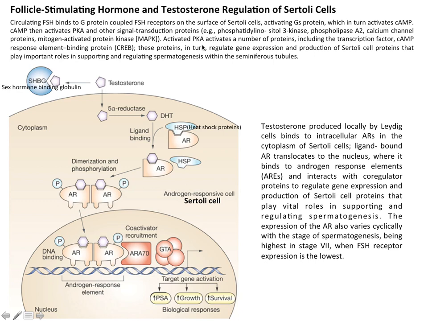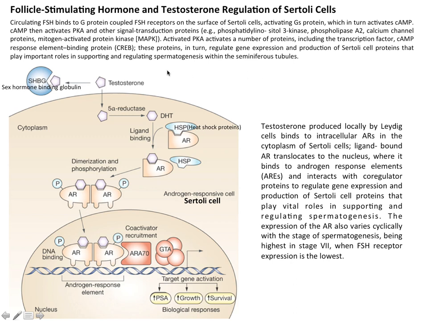This activated PKA activates a number of proteins including the transcription factor cyclic AMP response element binding protein, and these proteins in turn regulate the gene expression and production of Sertoli cell proteins, and these Sertoli cell proteins play an important role in supporting and regulation of spermatogenesis within the seminiferous tubule.